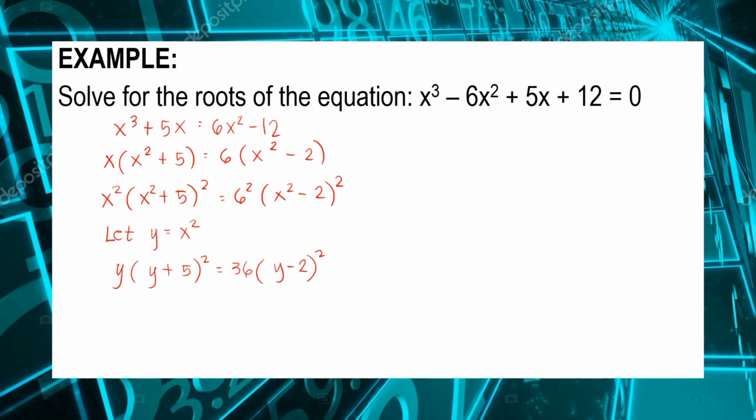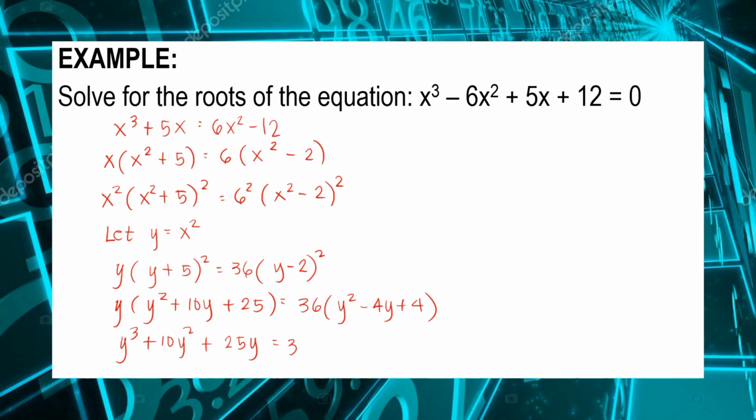Now, let us expand this equation. Okay, so we'll have y times y squared plus 10y plus 25 equal to 36 times y squared minus 4y plus 4. Distribute, we'll have y cubed plus 10y squared plus 25y equal to 36y squared minus 144y plus 144.